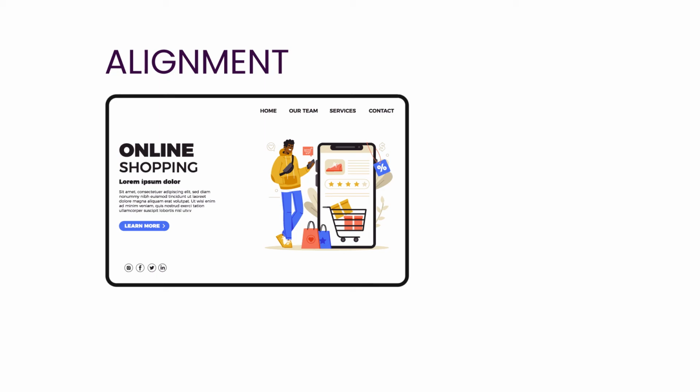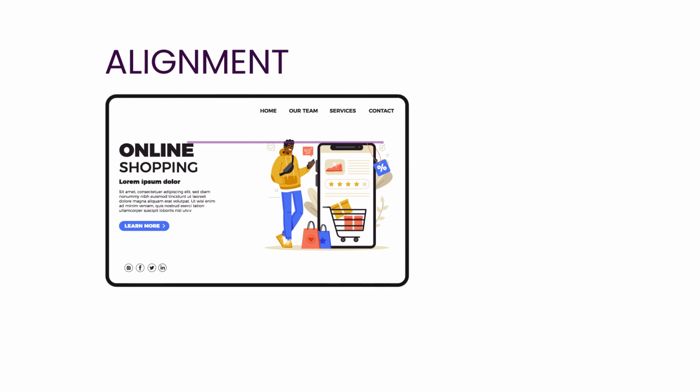Then with this case study, you can see how the phone and the illustration, not minding the head of the person there, but the major object there, that's the phone, is aligned with the major text.